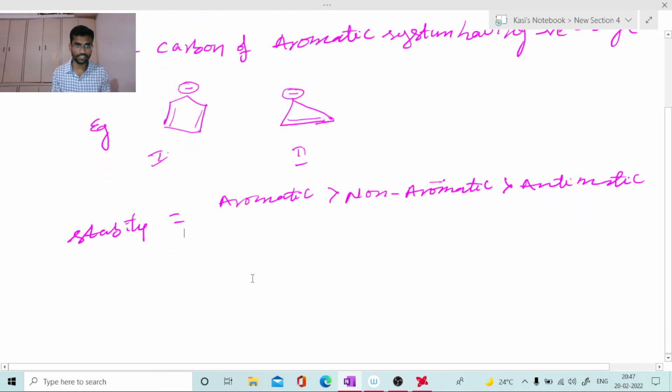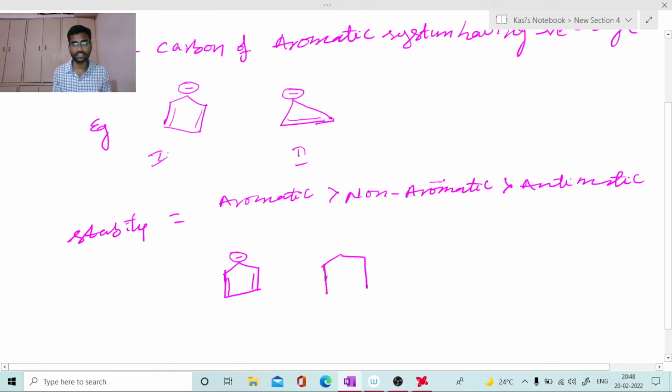Now we can say the benzyl carbanion and an aromatic one, which one is the most stable? The aromatic compounds are always more stable than the benzyl carbanion. Suppose I am giving this here.